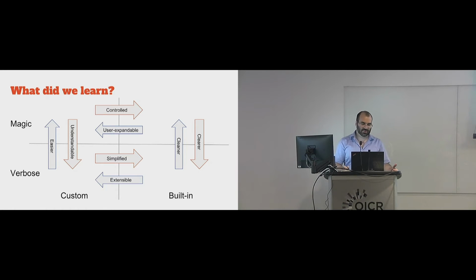It's clearer as to what's going on. Even in the custom world, it's more understandable because you're writing words to tell you what's going on. On the flip side, when we transition from something that is more verbose to something that's more magical, it's cleaner. I'm telling you less irrelevant stuff, or it's easier, right? There's less that you have to specify.